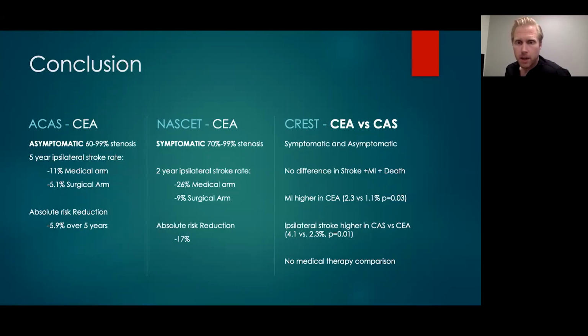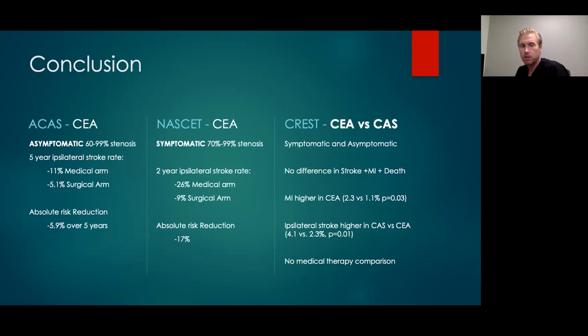CREST, which we didn't talk about, so I'm not going to go into too much, but it's a little bit more of a confusing trial, because it compared asymptomatic and symptomatic patients. It's the first CREST trial, and compared CEA versus CAS. And the take-home statement from that one was that there was no significant difference in the stroke, MI, or death, the main endpoints between the two groups.